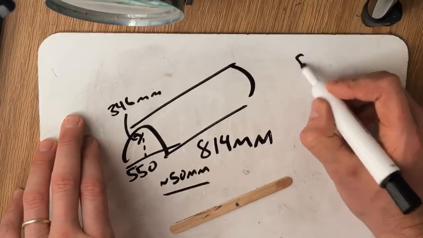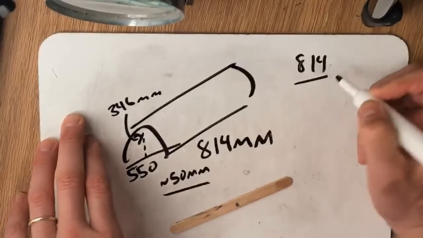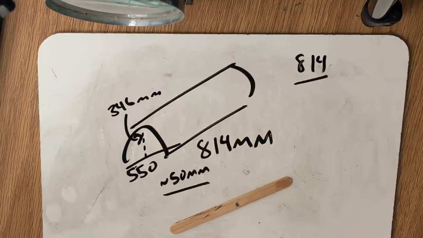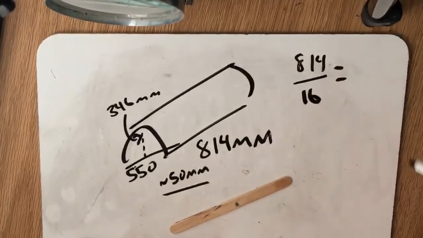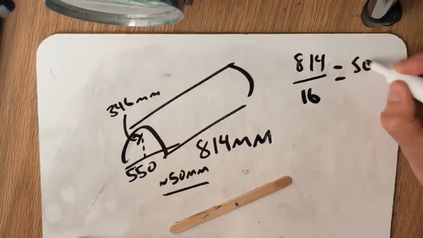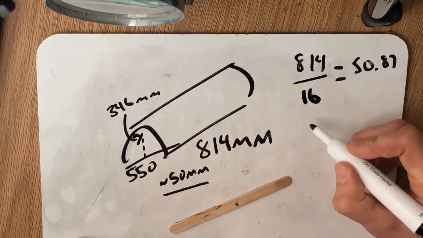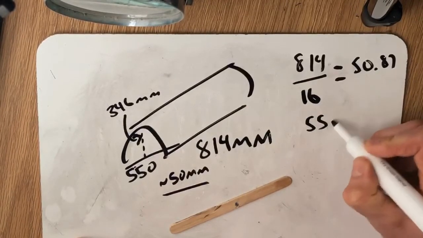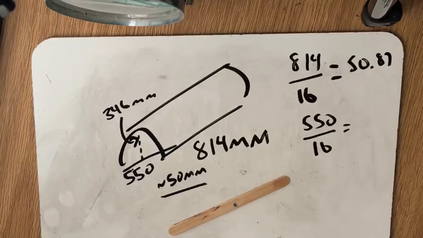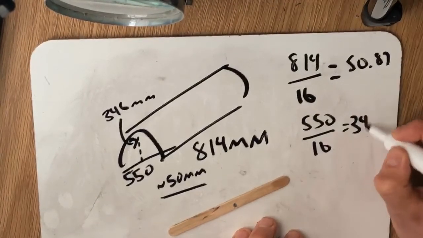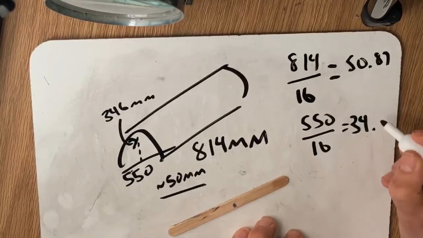So then I take the length, 814 millimeters, divide it by 16. And when I do that, I'm going to get the length of the trap on my model, which is going to be 50.87. And then I do the same with the width, which is 550 divided by 16. And again, this is converting the real life lengths to the lengths I use for my model, which gives me a width of 34 millimeters.